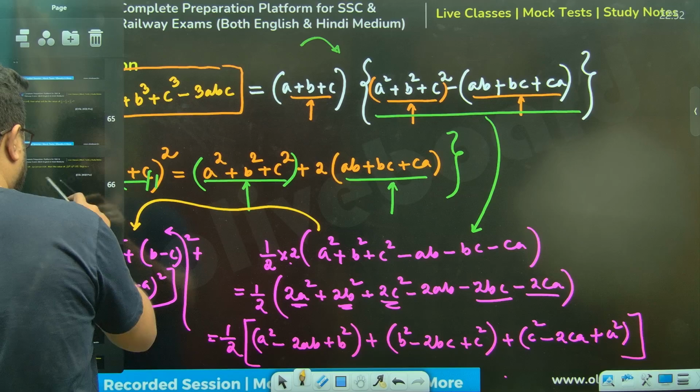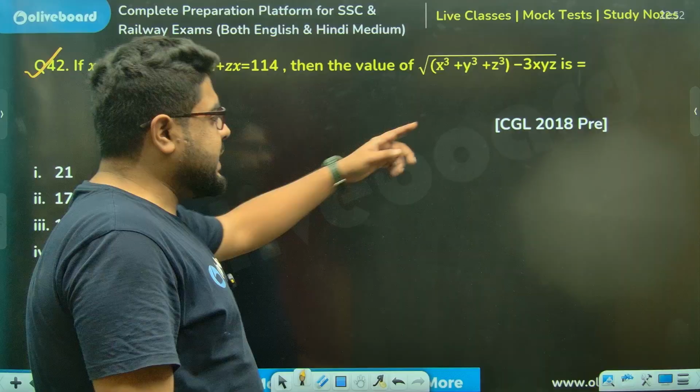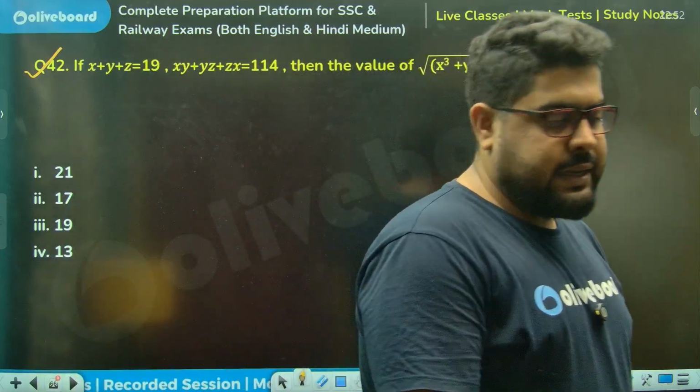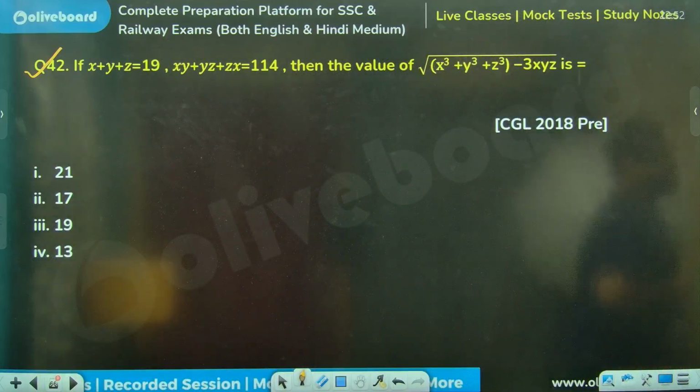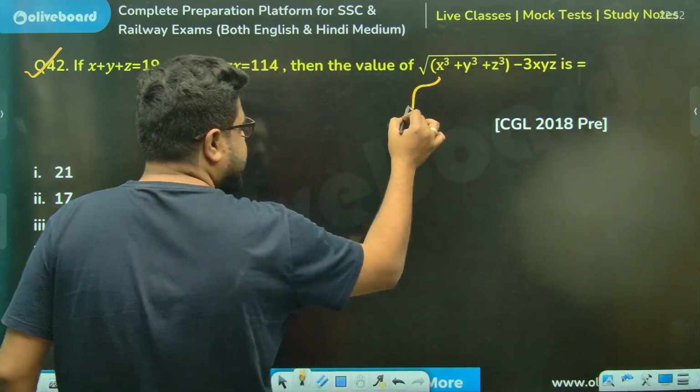Sir, this is one of the questions which was asked in CGL 2018. Look at the question. Again, these same questions get repeated. Sir, I told you this particular formula has three parts to it.